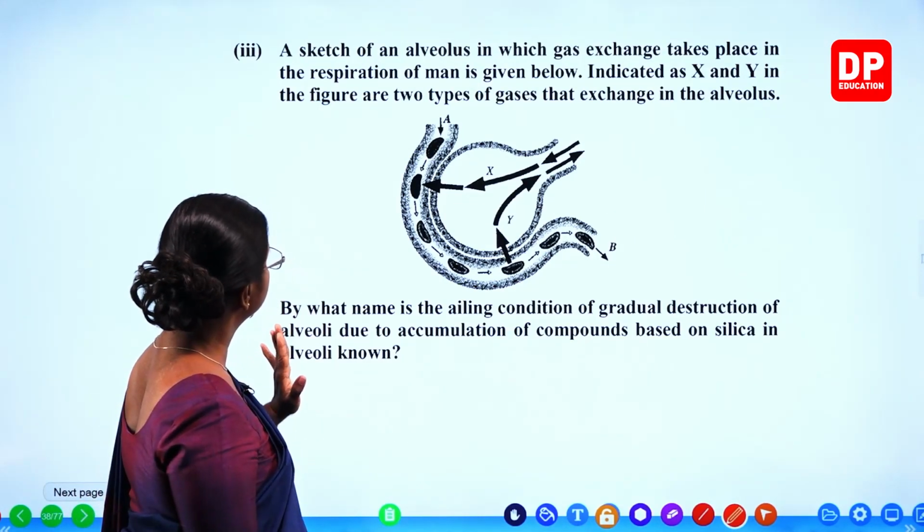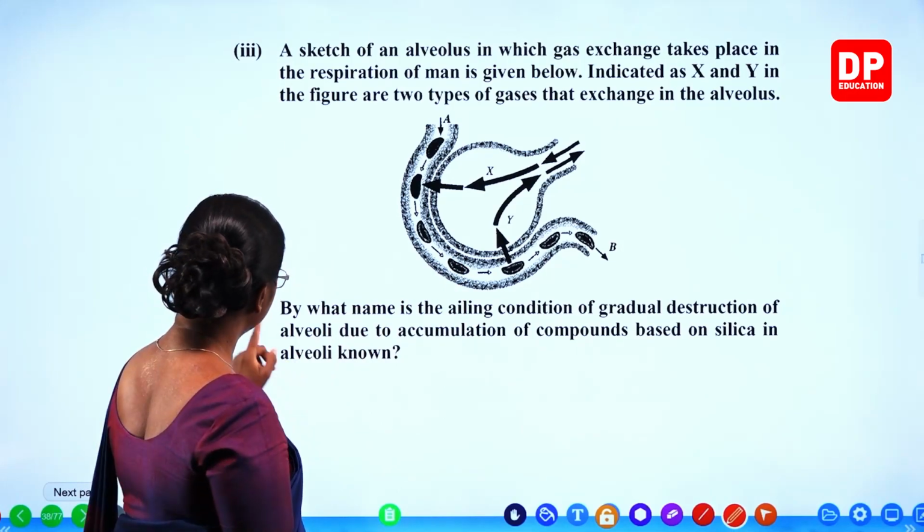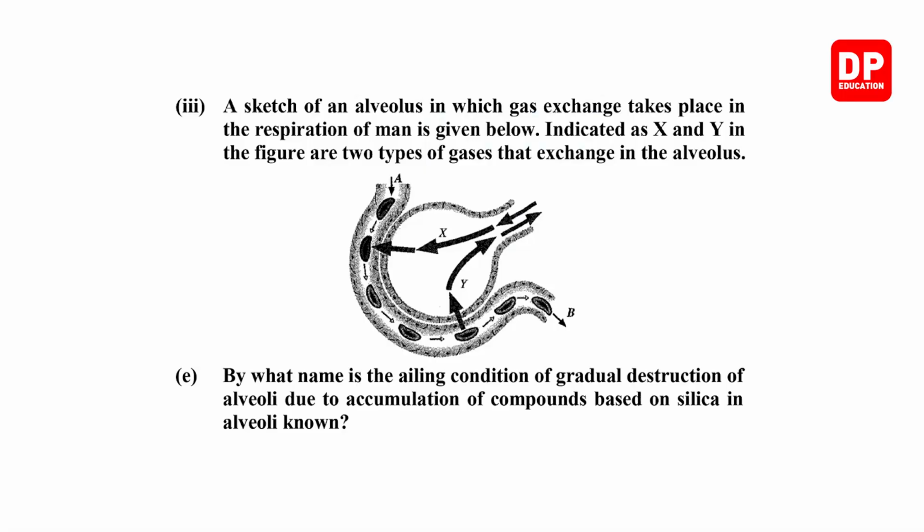Here the same question, the same diagram and the introduction. E part, by what name is the ailing condition of gradual destruction of alveoli due to accumulation of compounds based on silica in alveoli known?